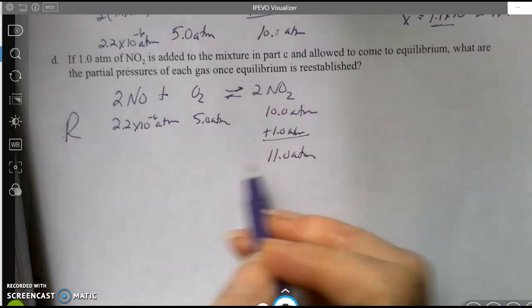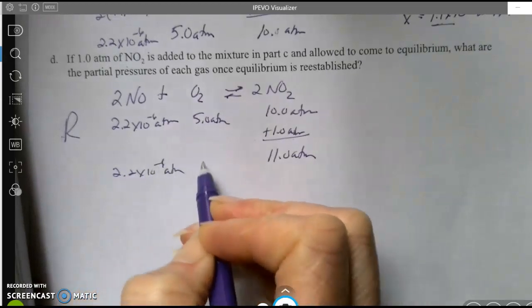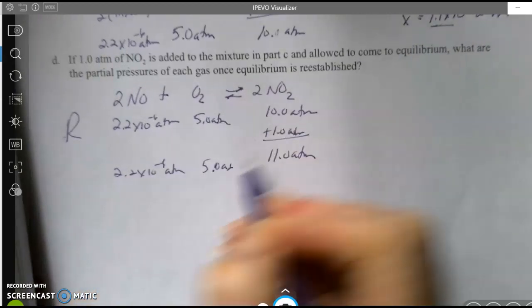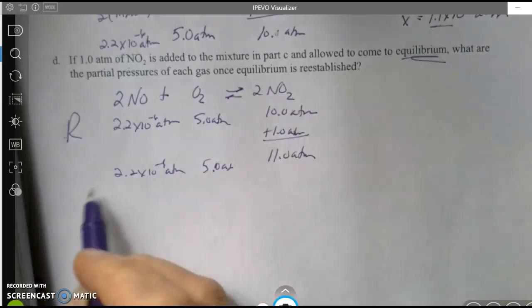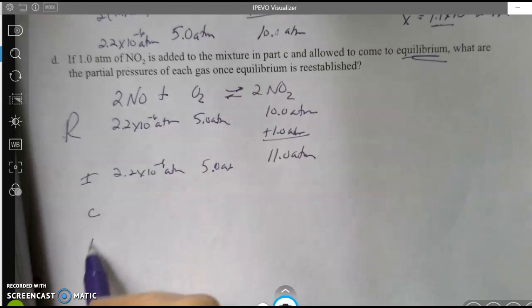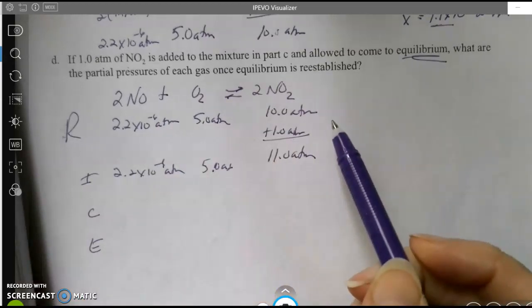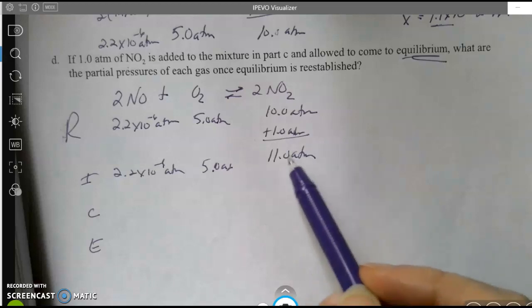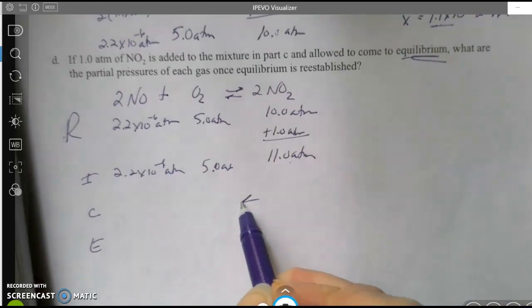So this is going to be my initial, because it says this part's allowed to come to equilibrium. So my initial, my change, and then my equilibrium. Again, I'm adding more of this, so it's going to shift this direction.